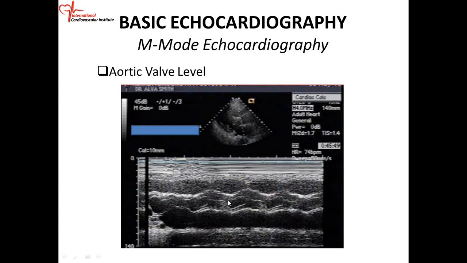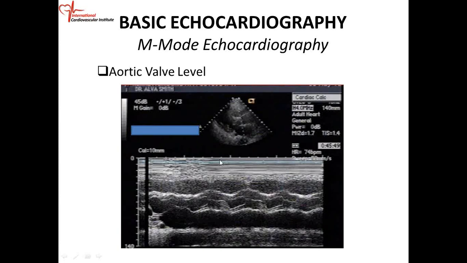These cusps are supposed to be very, very thin, okay? And it's box-like. So this cusp is supposed to be parallel to this one, and this parallel to that. The closure line is supposed to be in the center. So this represents the aortic valve when it's open, and the aortic valve when it's closed.